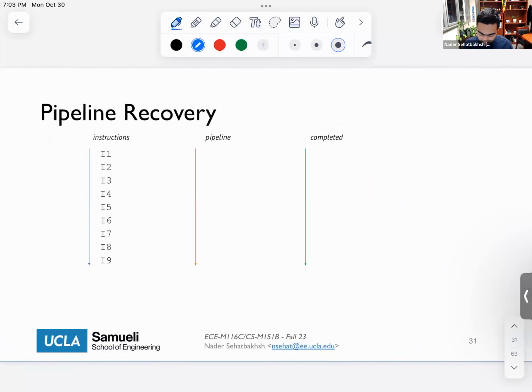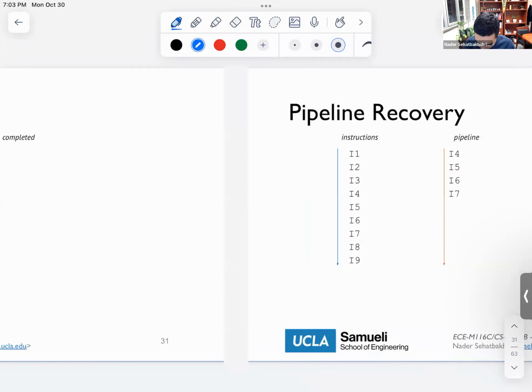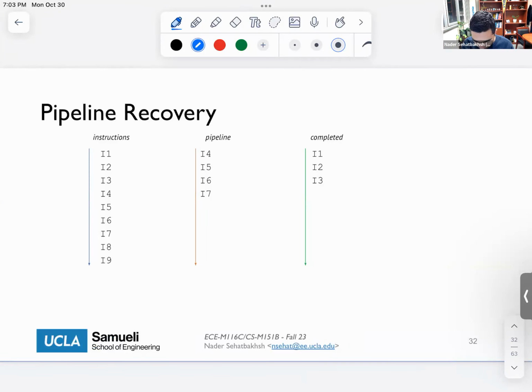So let's look into the pipeline and also into the instructions that are done, that have left the pipeline and completed. Let's say we have an in order processor that goes from top to bottom.